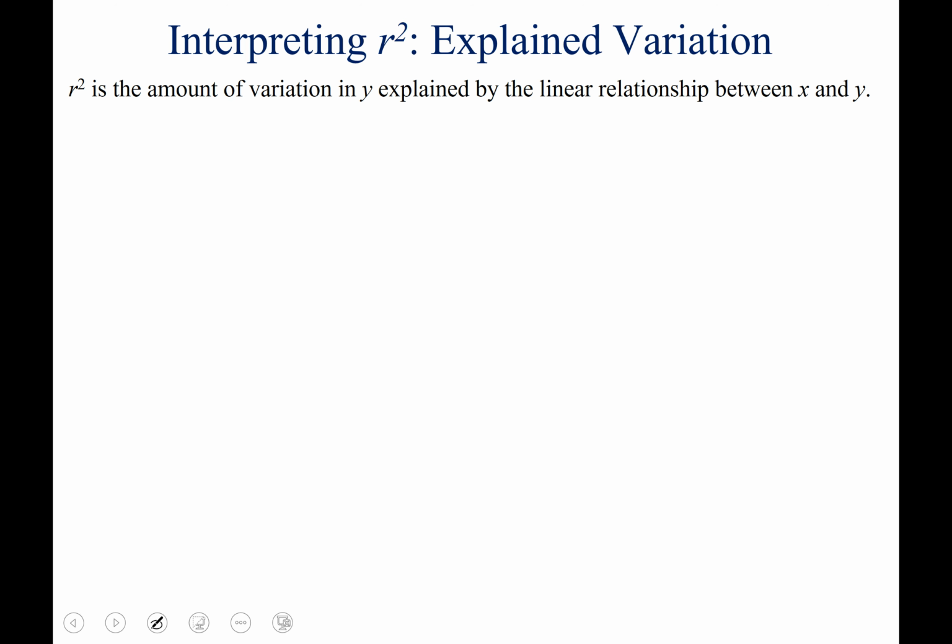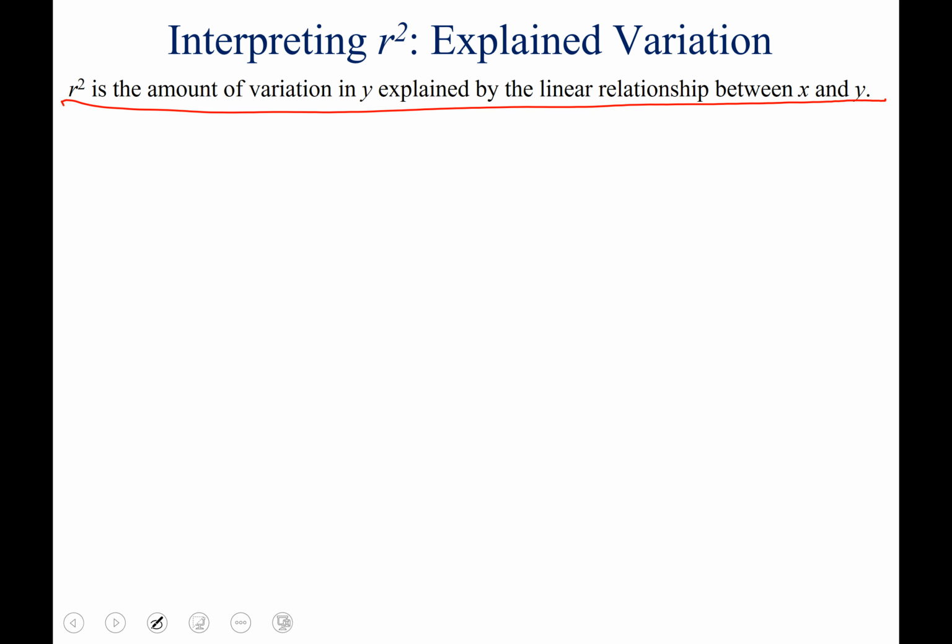R squared variation. In correlation problems, R squared is used to explain that variation. For example, R squared is the amount of variation in Y, that's variable Y, explained by the linear relationship between X and Y. I'm going to say this exact statement again using the shoe print example.